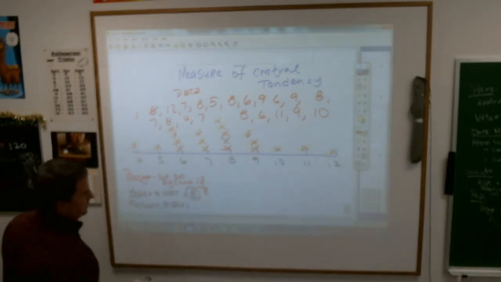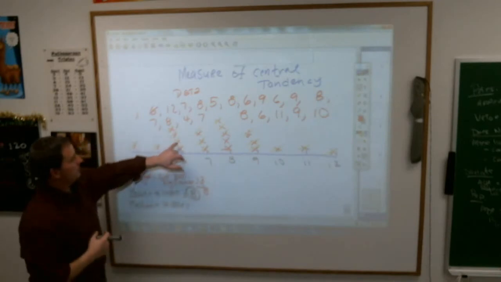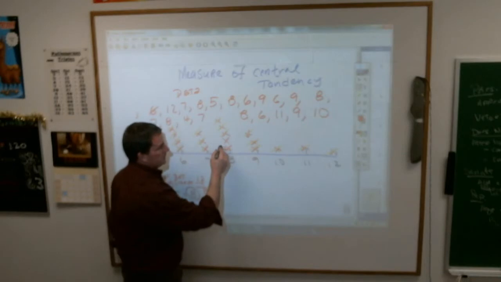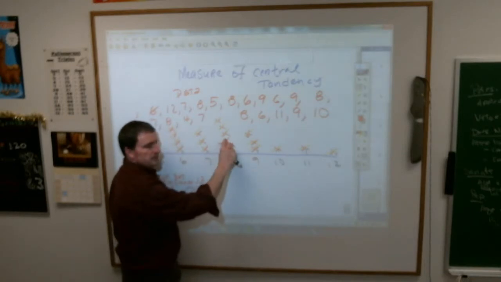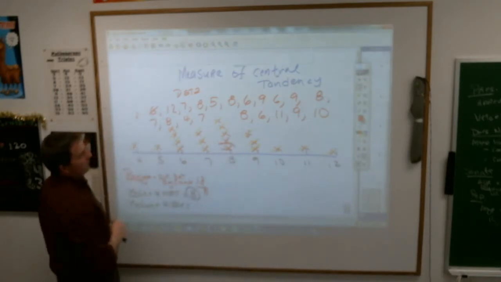Actually, it's between 10 and 11. So you would start here and go 1, 2, 3, 4, 5, 6, 7, 8, 9, 10. Right here is the middle between 10 and 11. And again, since it's both 8s, we should probably write them out. Would it help if we wrote them out?